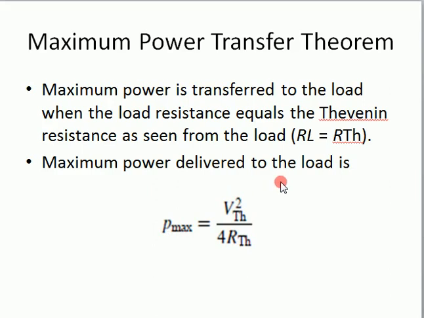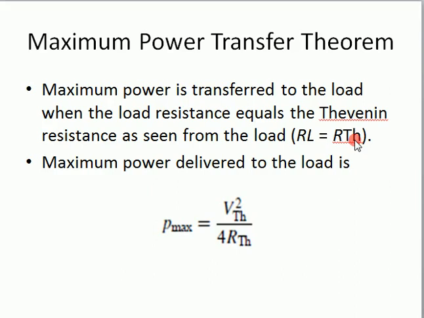Now one question arises: suppose the load resistor is not equal to the Thevenin resistance, both values are not equal, then how will we find the power? Remember, when the load resistor is not equal to the Thevenin resistance, then maximum power is not delivered to the load.